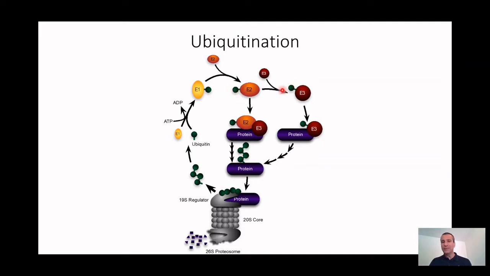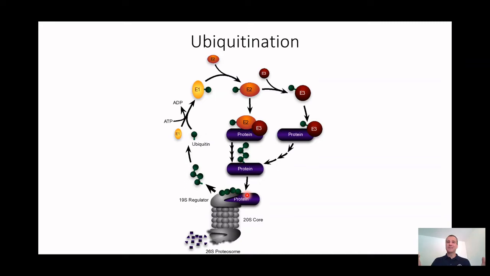What the E3 does is identify the protein that's going to be degraded, and it adds the ubiquitin on, and you get this long ubiquitinated tail. This polyubiquitinated protein is going to be targeted to go into the proteasome, which is this huge molecule that is an ATP-dependent protein.